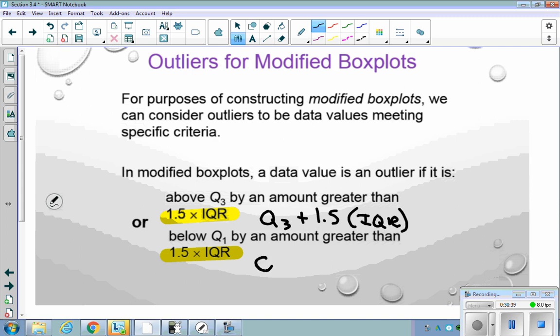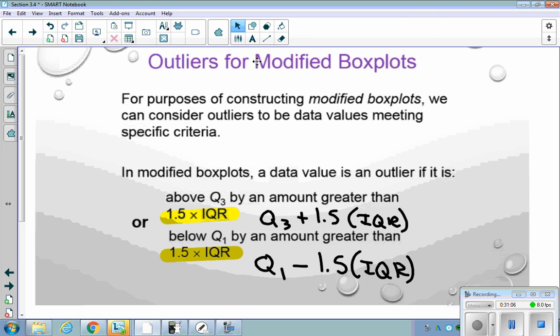And here I'm going to take quartile 1 and I'm going to subtract 1.5 times the interquartile range. So anything above this or below this would then be considered an outlier.